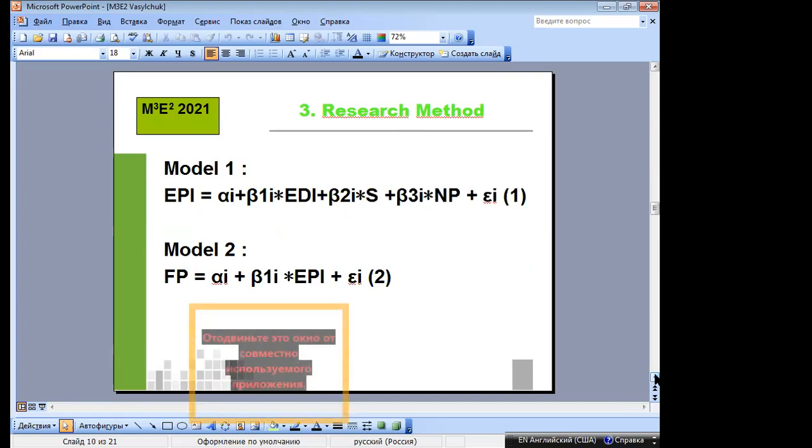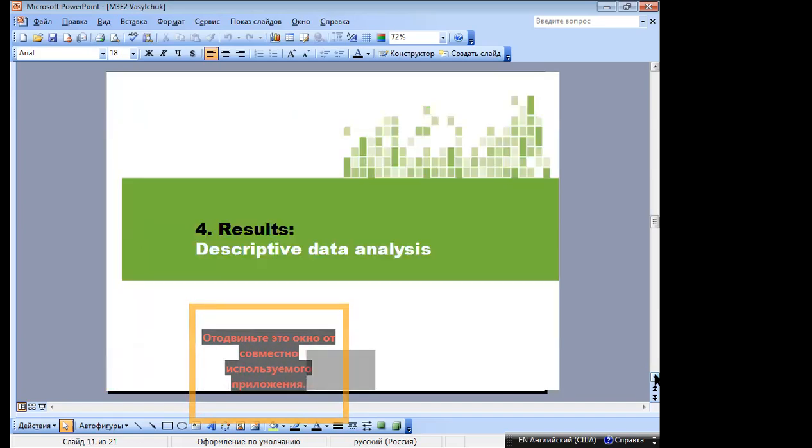See slide 10. In this slide, we see AP represents environmental protection investment, AD shows environmentally damaging industry, S is company sales, NP is company net profit, FP is financial performance.